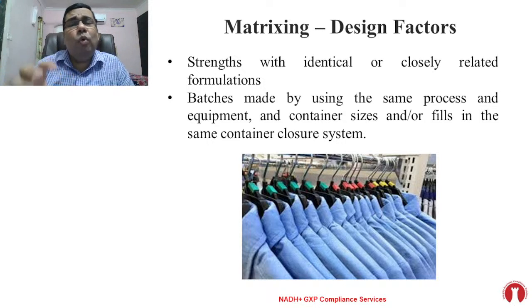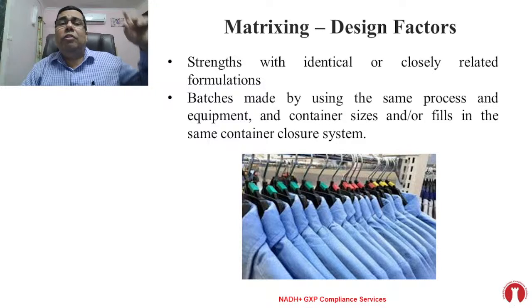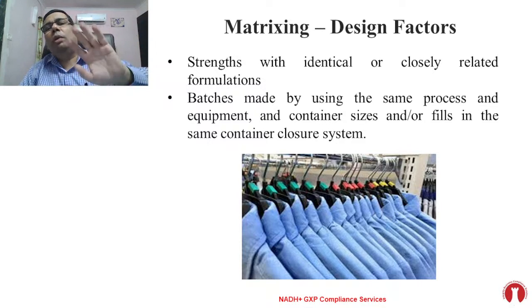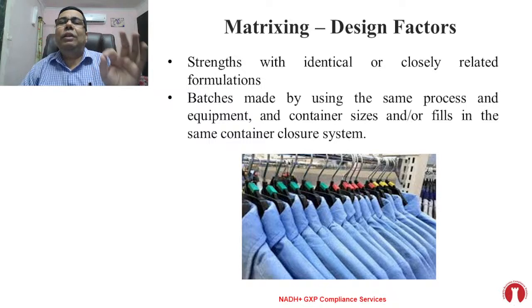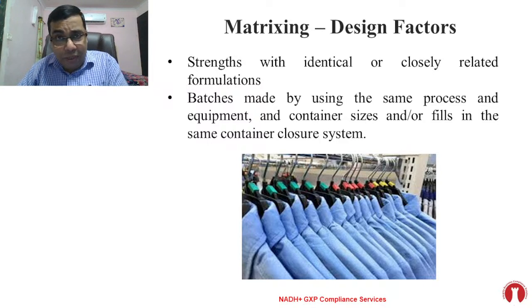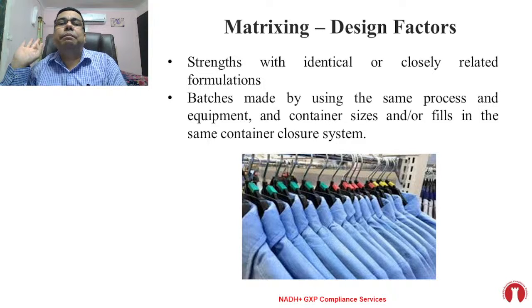The same requirement we discussed during bracketing is the same for matrixing. Strength with identical or closely related formulation means the formulation should be same, strength will be different, but manufactured from the same formula. That is the first requirement.